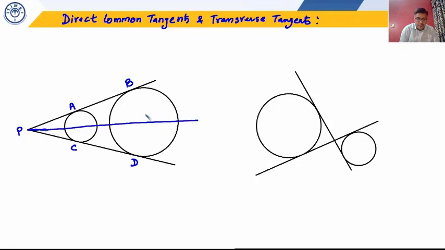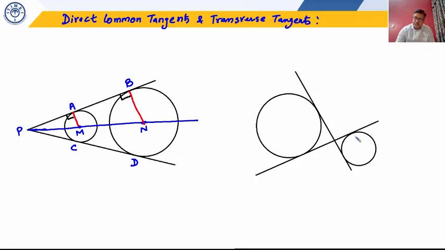Naturally, it passes through the center of the circle from the symmetry property. Again, can I say if centers are M and N, then MA is perpendicular on PB, NB is again perpendicular. So triangle PAM and triangle PBN are right angle triangles. This is 90 degree, this is again 90 degree.